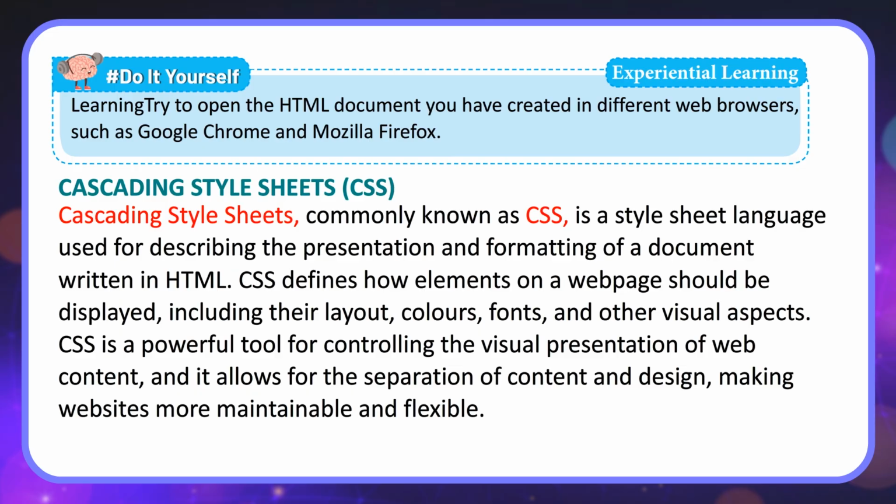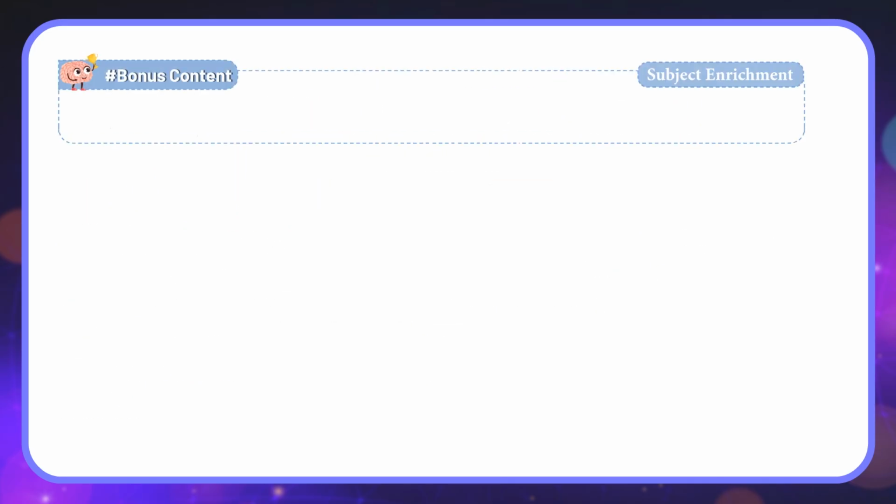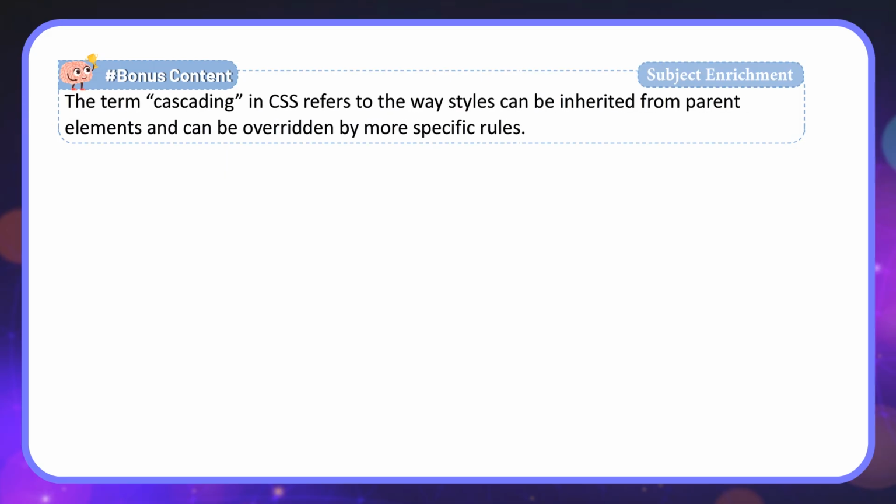CSS is a powerful tool for controlling the visual presentation of web content, and it allows for the separation of content and design, making websites more maintainable and flexible. Bonus content. Subject enrichment. The term cascading in CSS refers to the way styles can be inherited from parent elements and can be overridden by more specific rules.